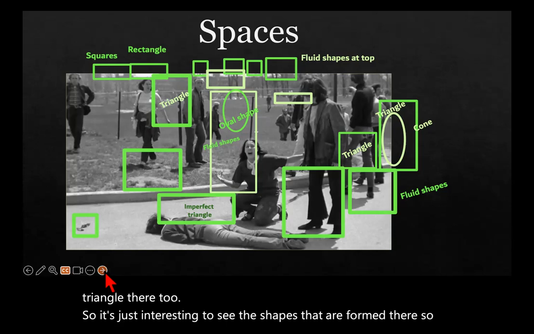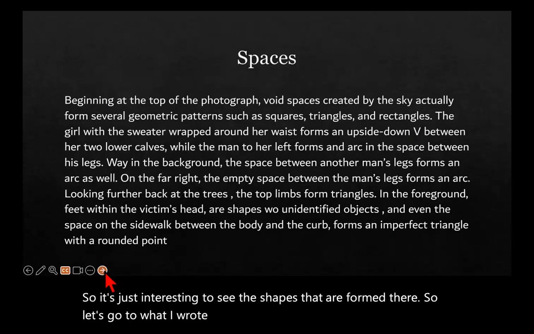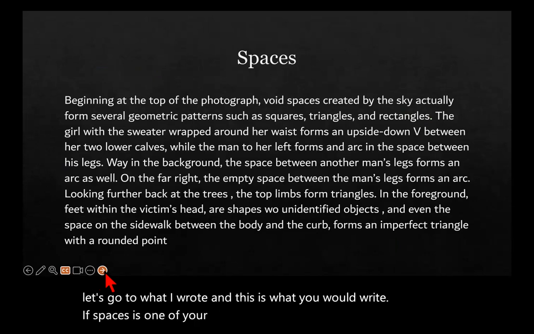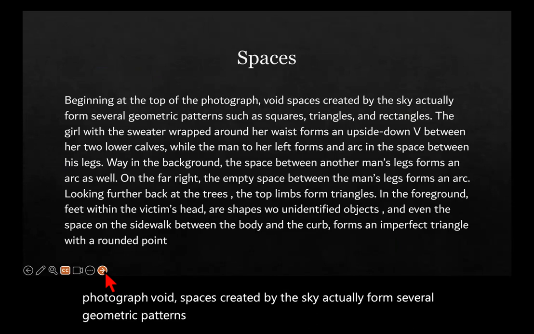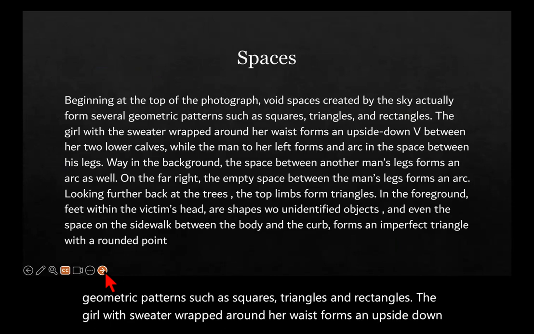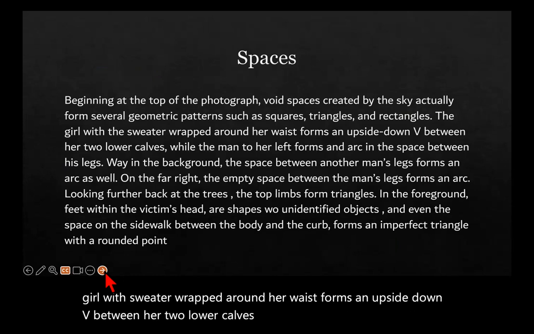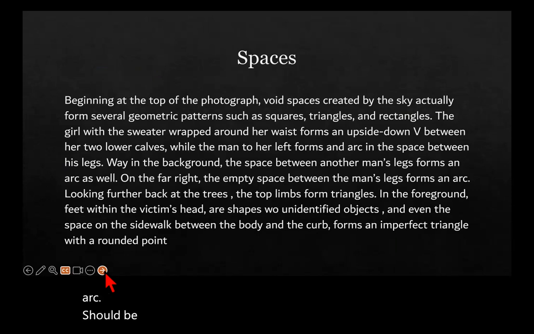So let's go to what I wrote. And this is what you would write if spaces is one of your observations. Beginning at the top of the photograph, void spaces created by the sky actually form several geometric patterns such as squares, triangles, and rectangles. The girl with the sweater wrapped around her waist forms an upside down V between her two lower calves, while the man to her left forms an arc in the space between his legs.